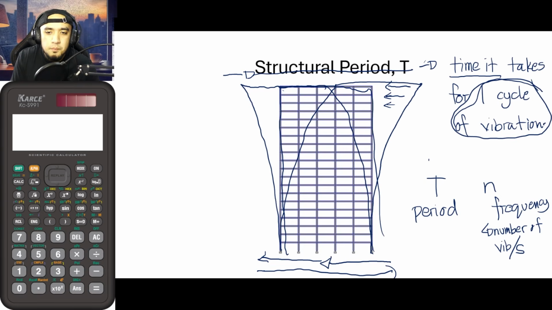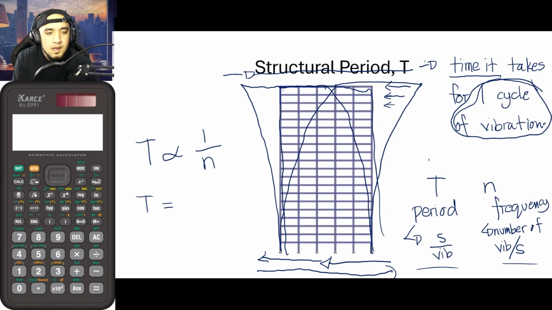But for period, that is the number of seconds per vibration. So as you can see here, guys, they are inverse. And from that, we could now say that they are inversely proportionate, and basically the period is the inverse of frequency and the other way around. The frequency is the inverse of period.